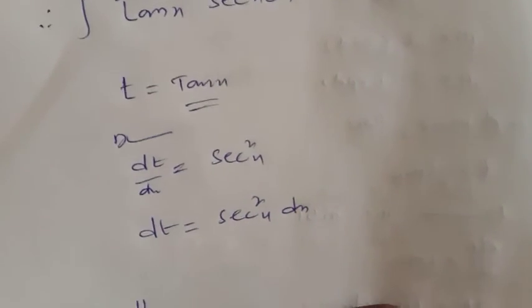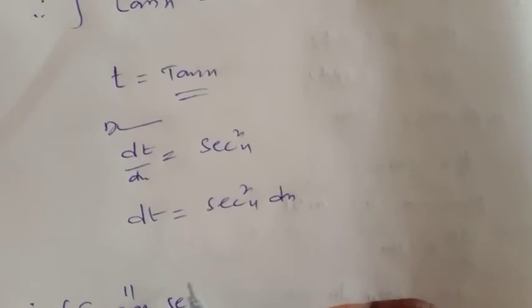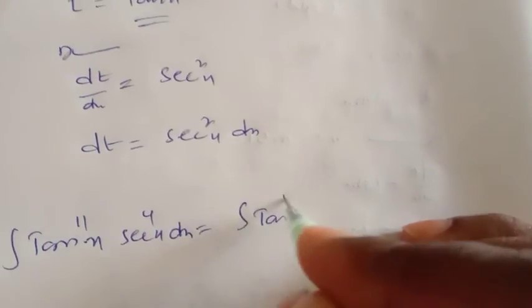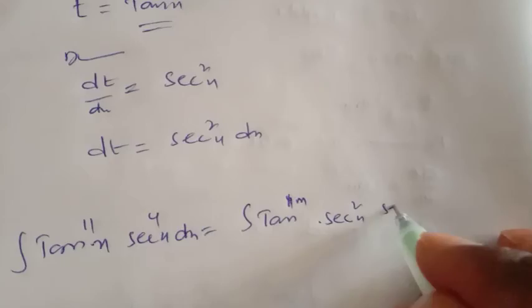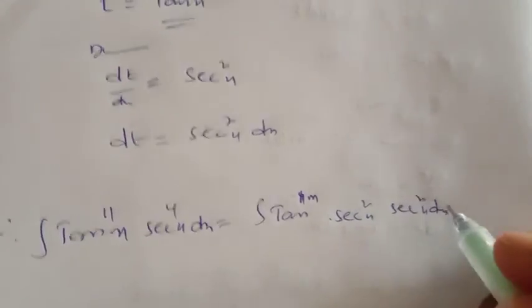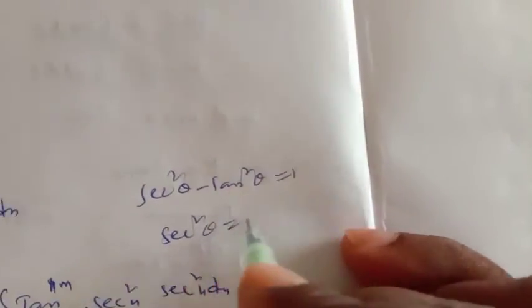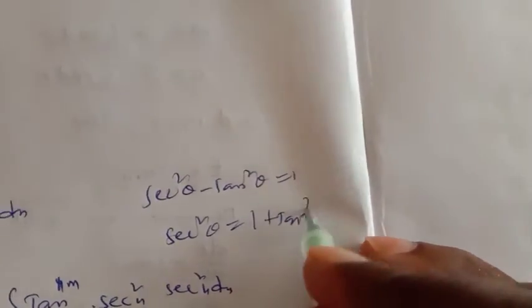Therefore tan power 11x into sec power 4x into dx equal to tan power 11x, here sec power 4x equal to sec square x into sec square x dx. Here we have the identity sec square theta minus tan square theta equal to 1, that is sec square theta equal to 1 plus tan square theta.